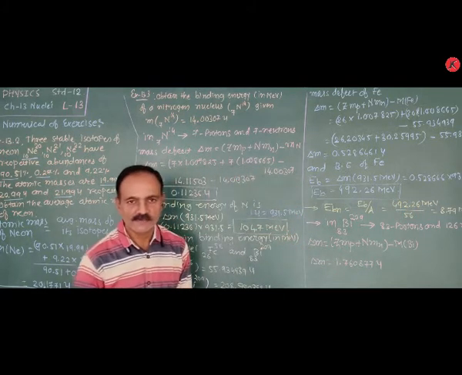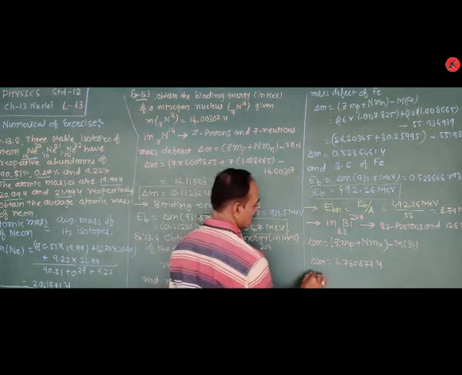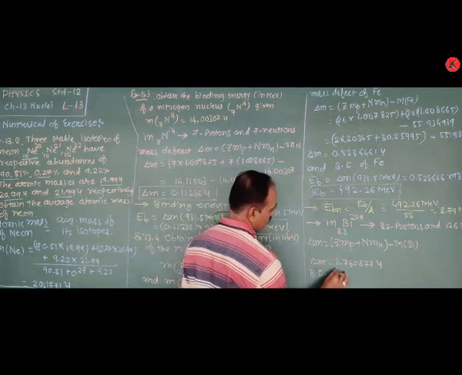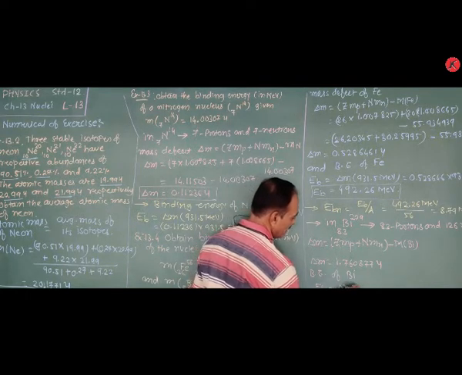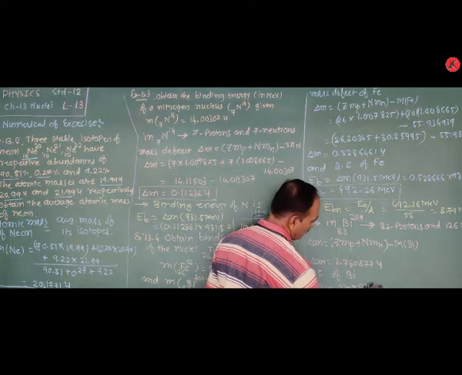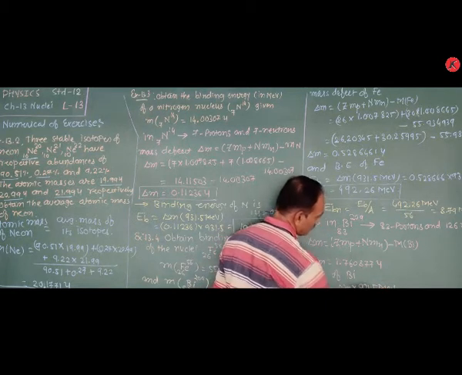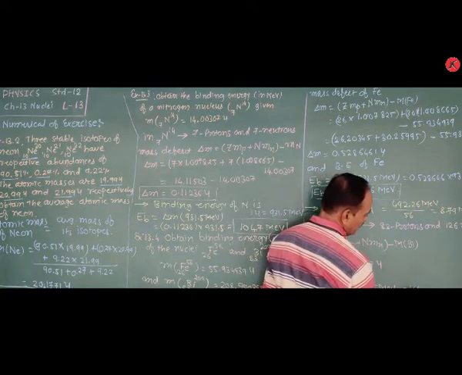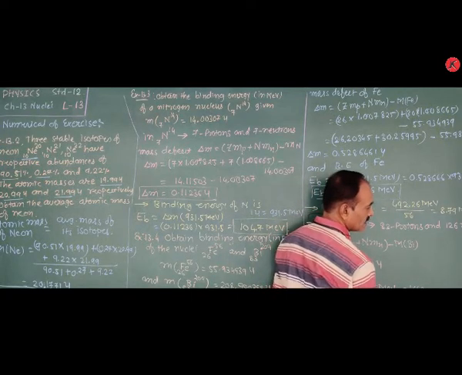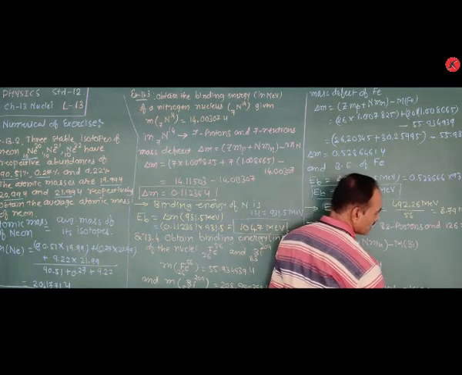Do yourself. Therefore, binding energy of bismuth nuclei, that is the EB, is equal to delta M into 931.5 MeV. So the answer we obtain is 1640.3 MeV.